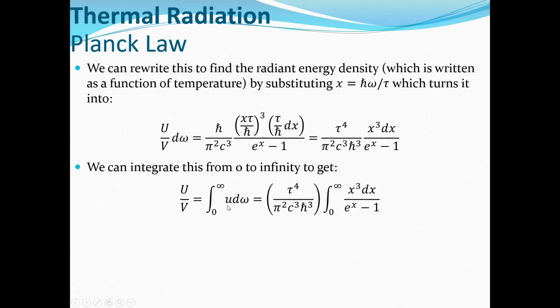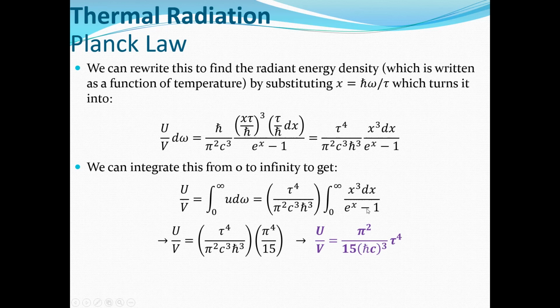Here we're just going to end up getting the u. Here we have to end up integrating this part. This one ends up having a basic definition of pi to the fourth over 15. So from here, we end up having the energy density now as a function of temperature rather than as a function of frequency.